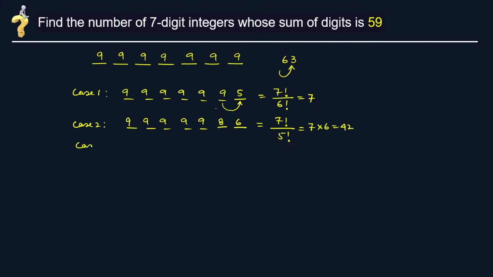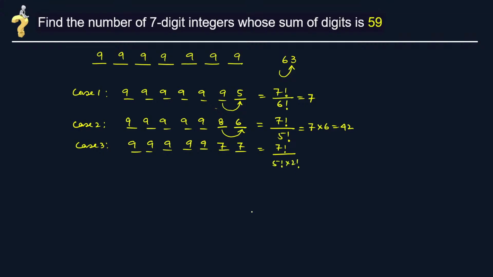Now, case 3. What are the other possibilities? Let 5 places be filled with 9, and let me take out 1 from here and add it here. So we are getting 7 here and 7 here. Again, the sum of all the digits is 59. And now these digits can arrange among themselves in factorial 7 divided by factorial 5 into factorial 2 ways.